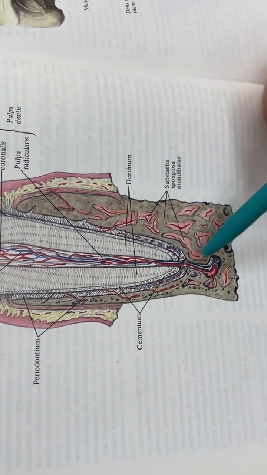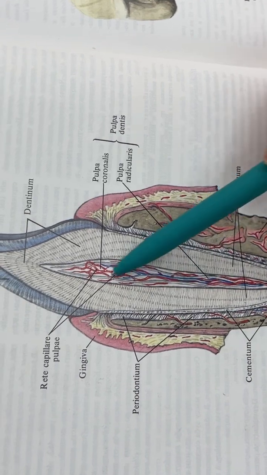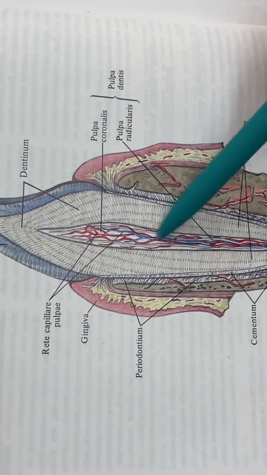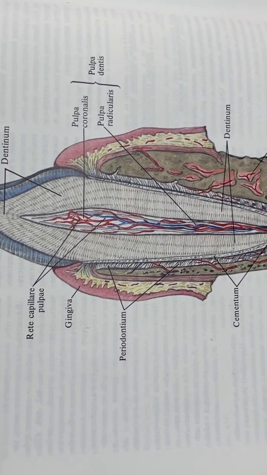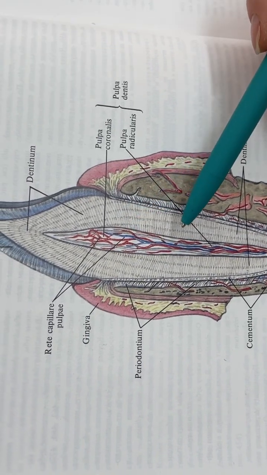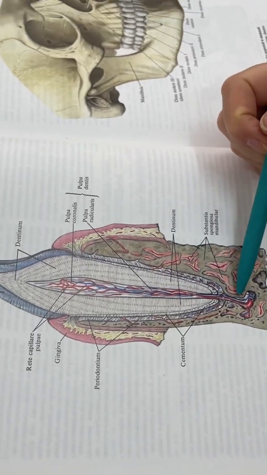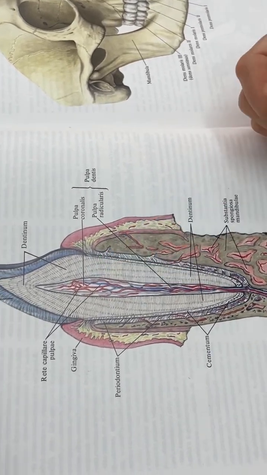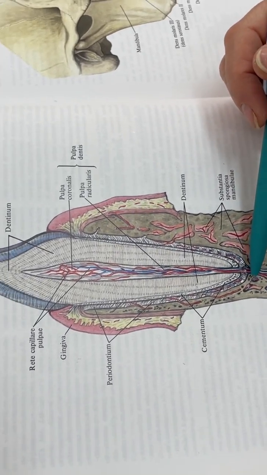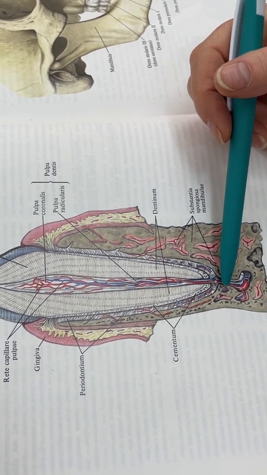Through this opening, nerves and vessels get inside, and there is loose connective tissue inside surrounding these vessels and nerves. This tissue inside is called the pulp of the tooth. When inflammation of the pulp happens, it is called pulpitis, and usually people experience very bad toothache. Why is it so bad?